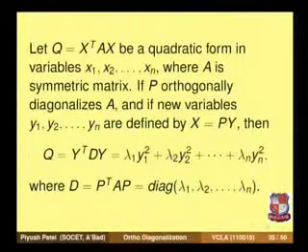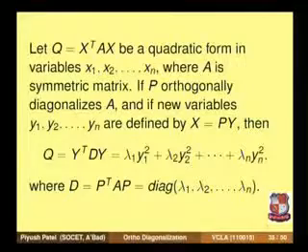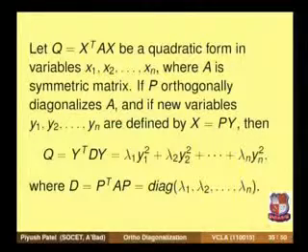Given a quadratic form Q equals x transpose A x, where A is a symmetric matrix, for the symmetric matrix we will find the modal matrix P, that is, an orthogonal matrix P which will diagonalize the matrix A, and we obtain the orthogonally similar matrix D to the matrix A, and that matrix will be a diagonal matrix.